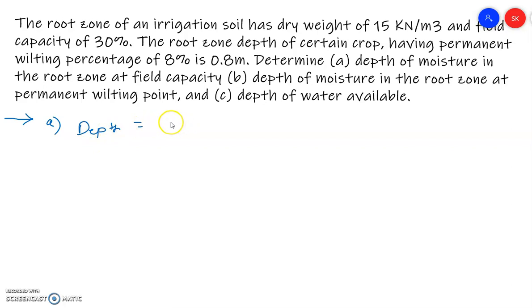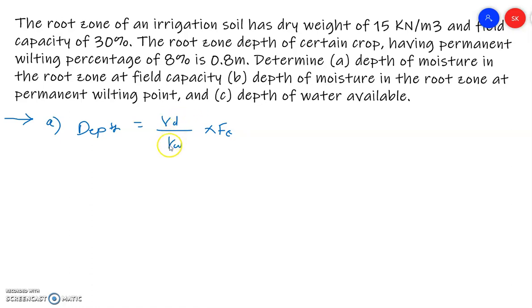So this depth is equal to gamma d divided by gamma w into FC, so that we will get the answer, because this gamma d is the dry unit weight of the soil. The dry unit weight of the soil is given, that is 15 kilonewton per meter cube.